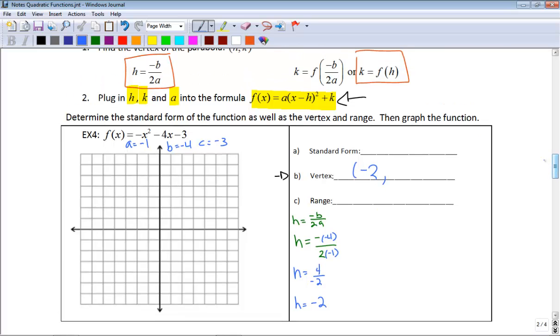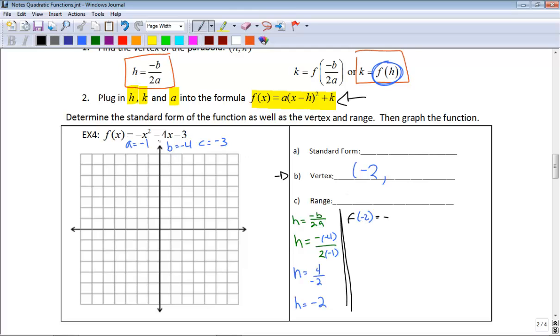Now I need to find k. Well, k is the function's value at whatever h is. So finding k, what we need to do is find f of h, and h happens to be negative 2. So what that tells us to do is everywhere there's an x in my function, instead of writing x, I'm going to write negative 2.